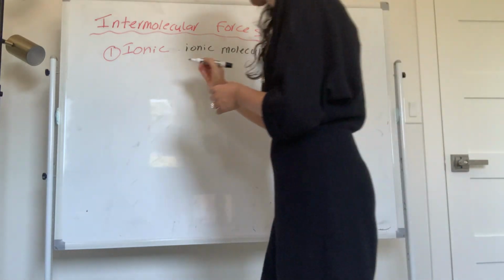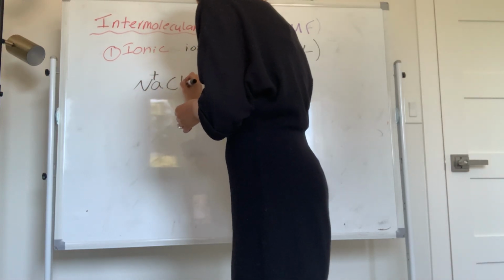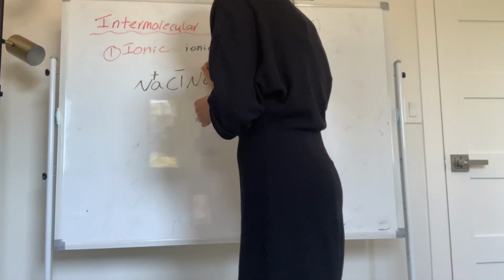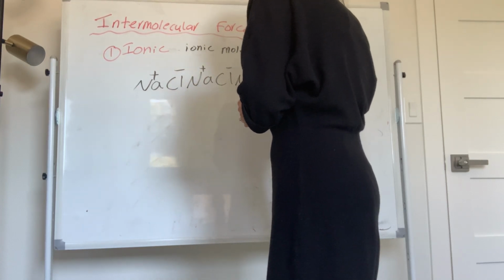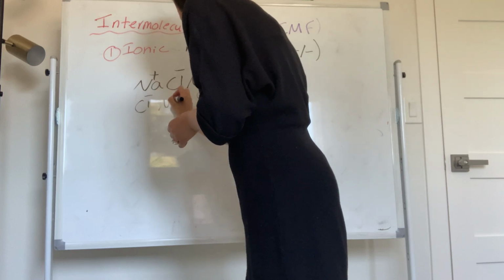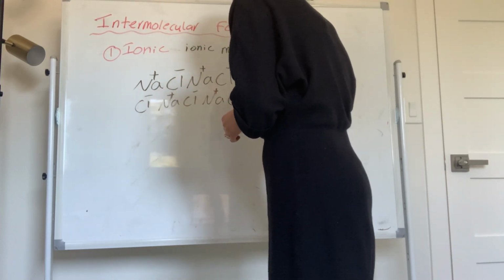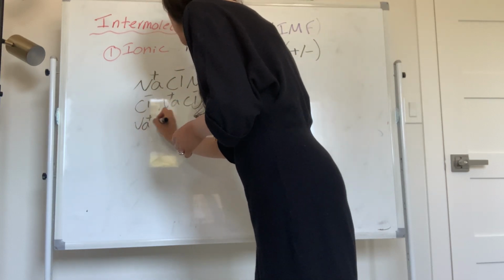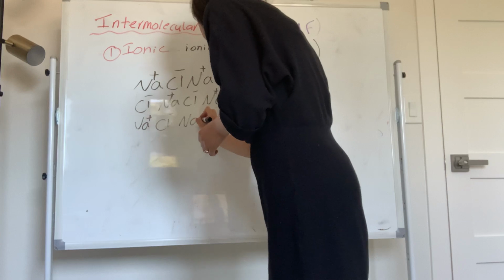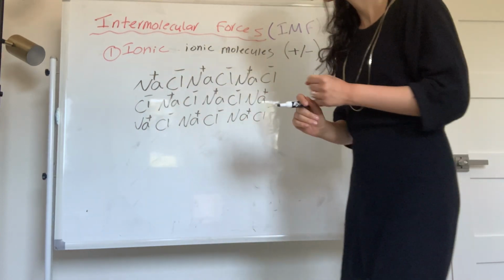Ionic interaction has to do with plus minuses. It's a charge attraction. So if I have millions and millions of NaCl, those molecules are held together through ionic interaction. And what is ionic interaction? It's just attraction of plus minus charges.